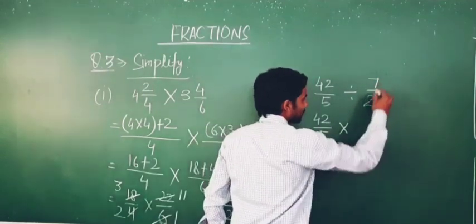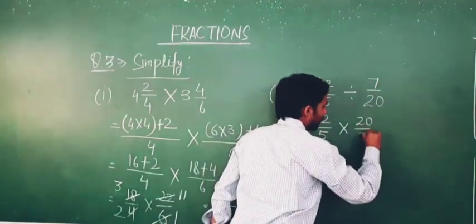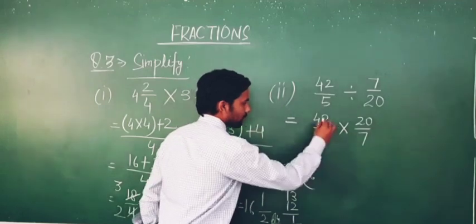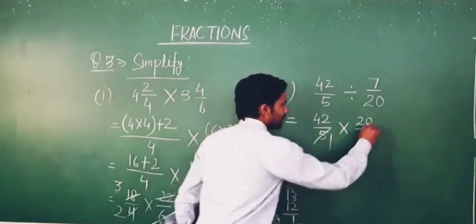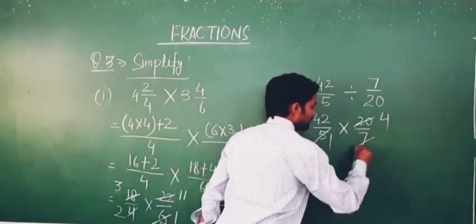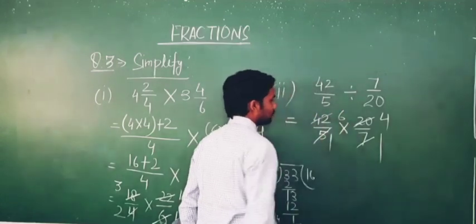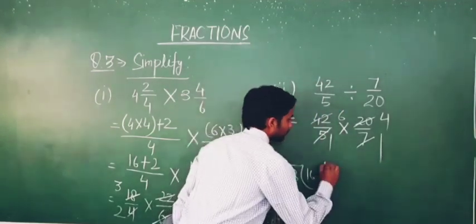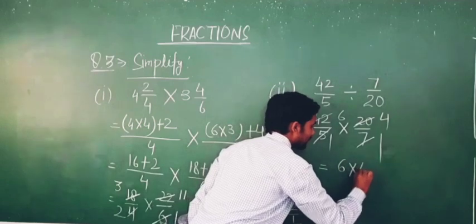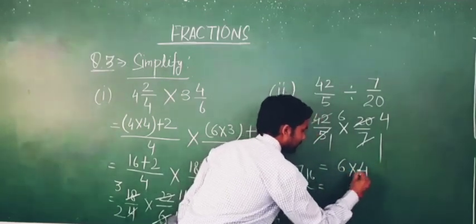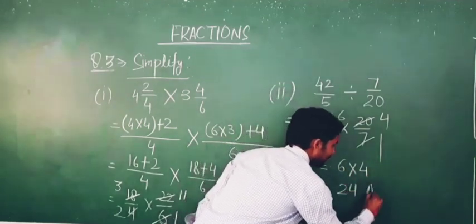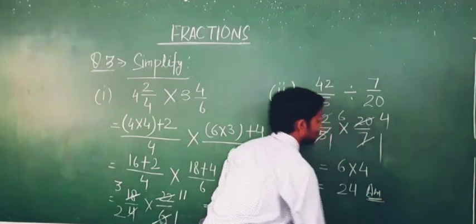Then the fraction is 20 upon 7. Then we reduce it. 5 ones are 5, 5 fours are 20, 7 ones are 7, 7 sixes are 42. Then we multiply 6 into 4. 6 fours are 24. Then 24 is the required answer.